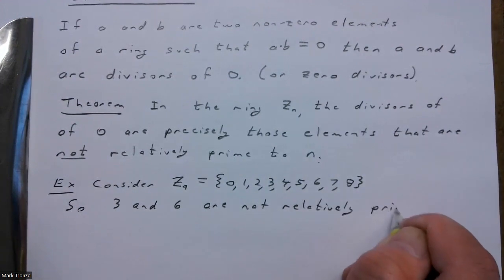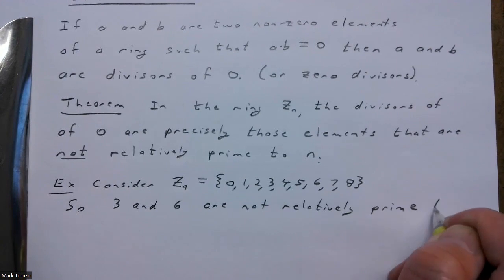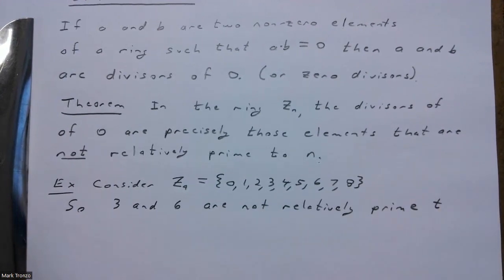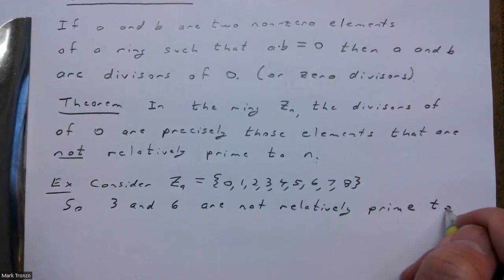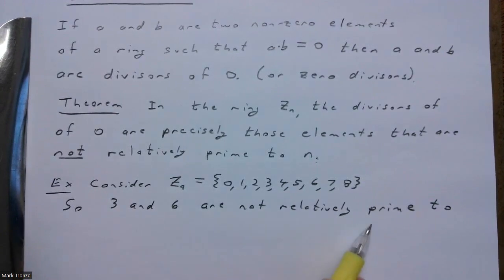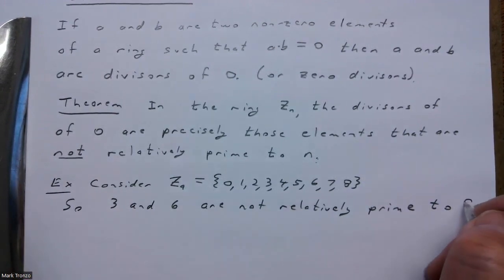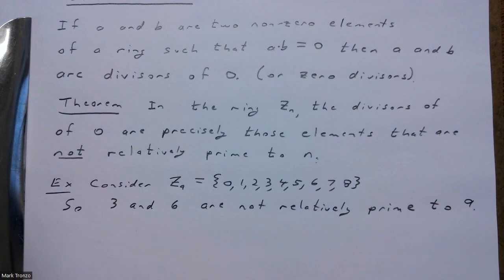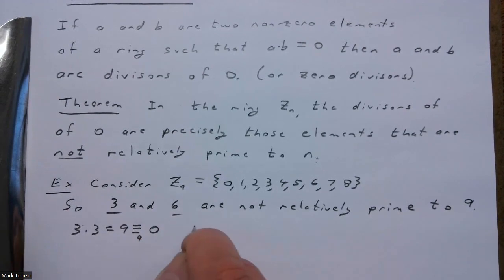Now that doesn't necessarily mean every combination of 3 and 6 will end up being 0 mod 9, although maybe in this case they are. So if you take 3 times 3, that's going to give us 9, which is going to be 0 mod 9.